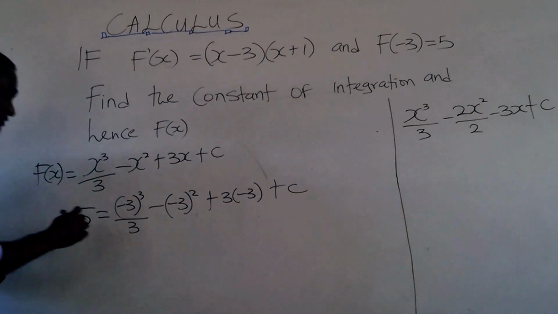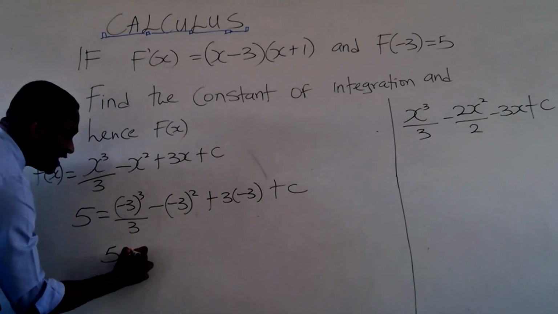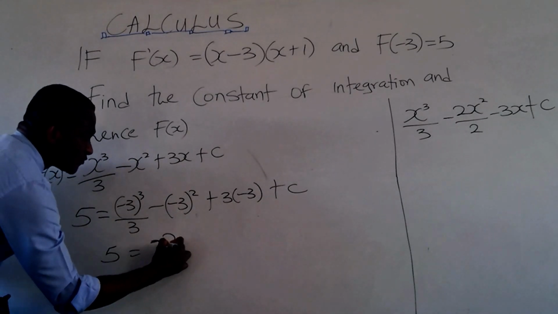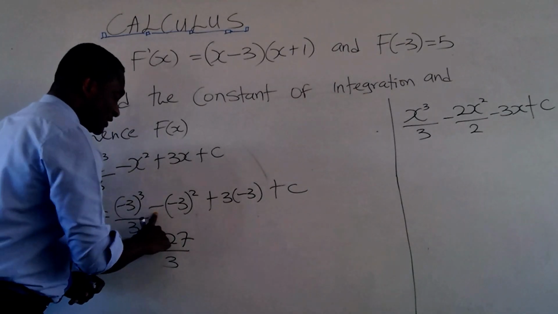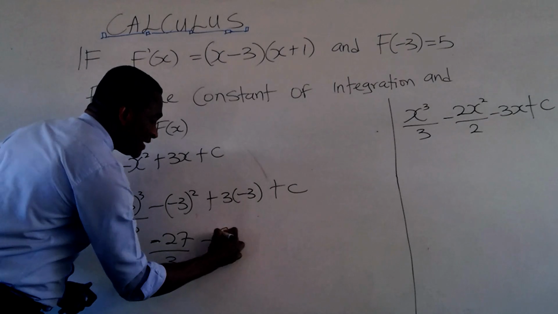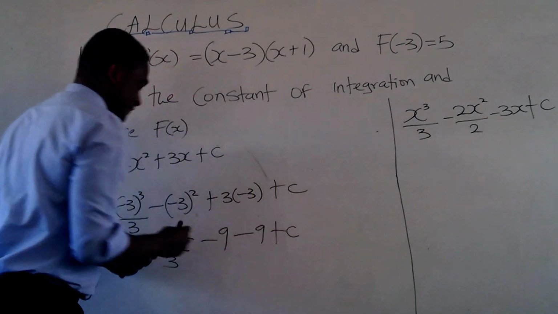Let's simplify this. It gives me 5. This is negative 27 over 3. This is 9, so we have minus 9, minus another 9 plus c.